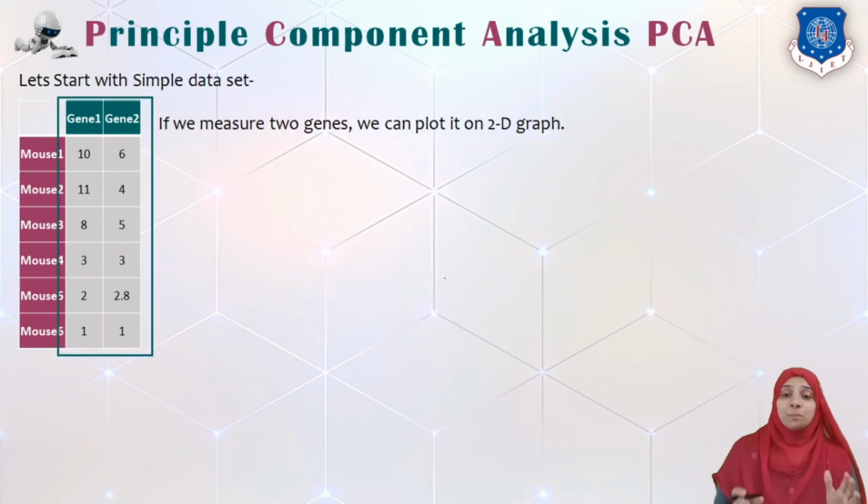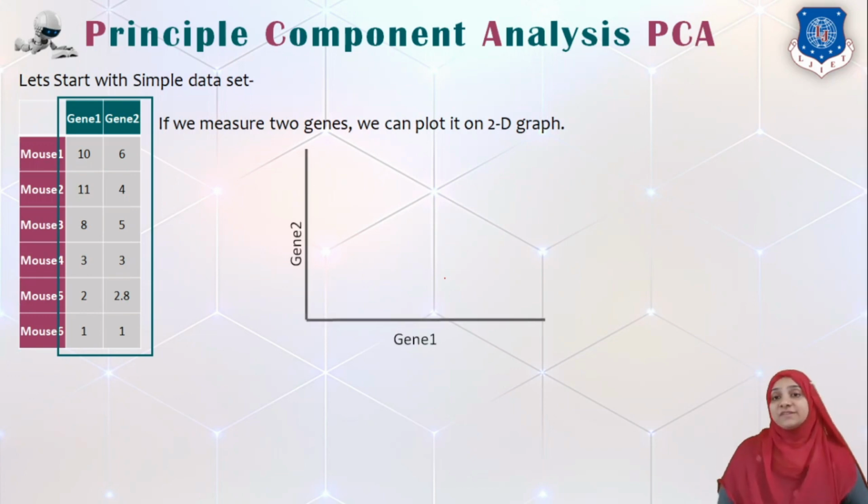Now let us consider two features. So I will have a 2D graph. One axis will represent the first gene and another axis represents another feature, that is gene number 2. And we will try to plot each mouse in the given data set with their respective values of gene 1 and gene 2.